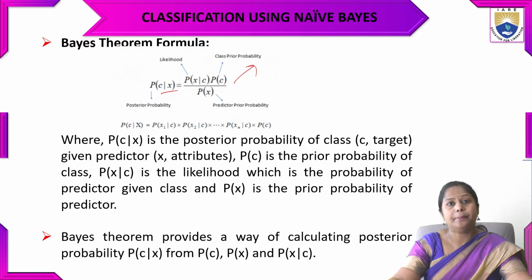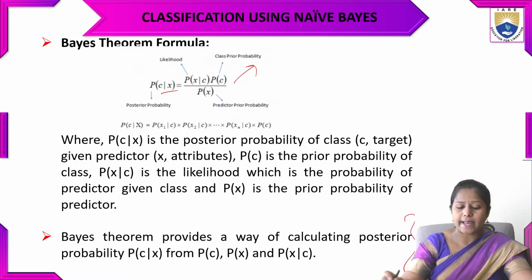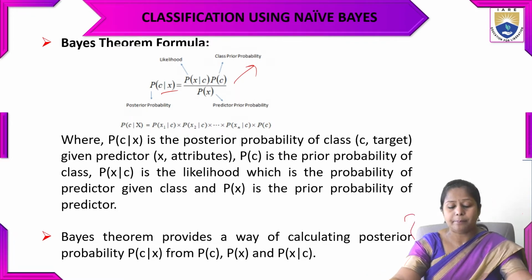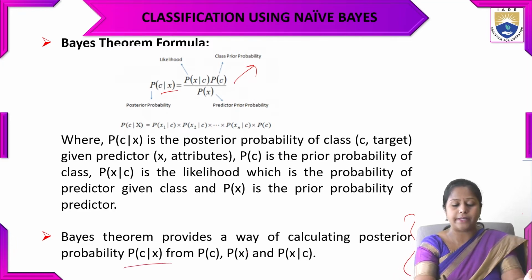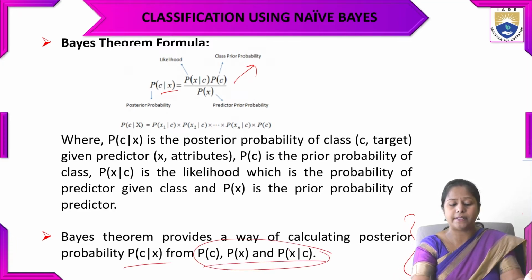And P(X) will be the prior probability of the predictor. So Bayes theorem provides a way of calculating the posterior probability P(C|X) from P(C), P(X) and P(X|C). So these three we will need while we are going to calculate P(C|X).